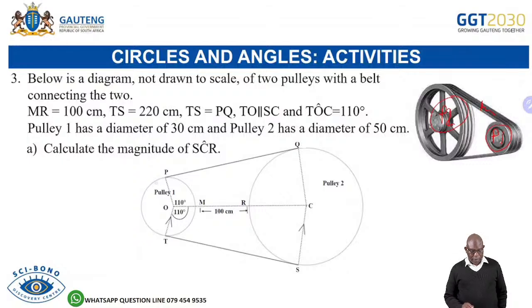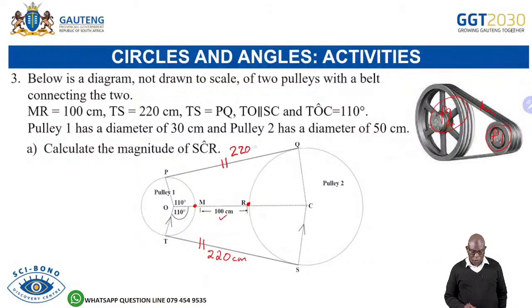Now, MR is given. So M is from this point to this point. It's 100 centimeters. TS is 220 centimeters, and they say TS and PQ are equal.